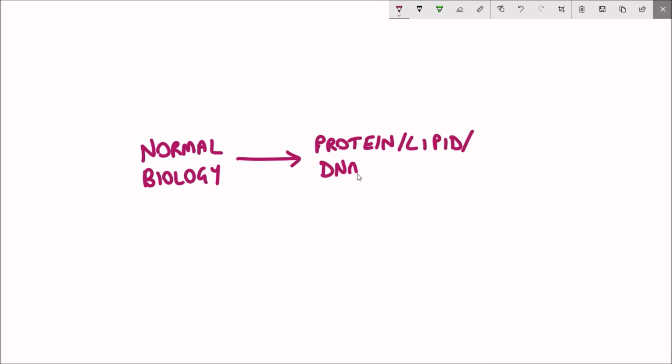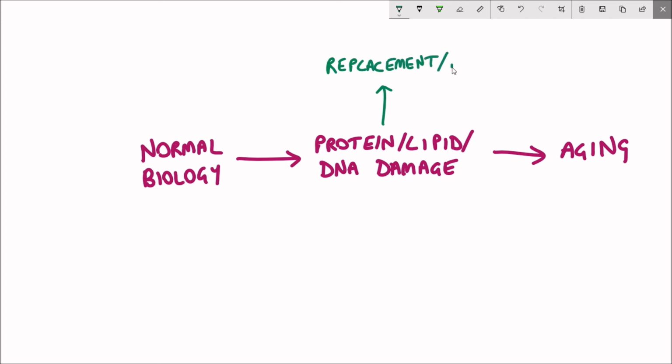The important take-home message is that whilst there are many different primary causes, they are all somewhat interconnected, and this can be demonstrated through this diagram here. During normal biology, it's inevitable that you accumulate damage in either the proteins, as we saw in proteostasis, or in the DNA with DNA instability, and this can all result in aging.